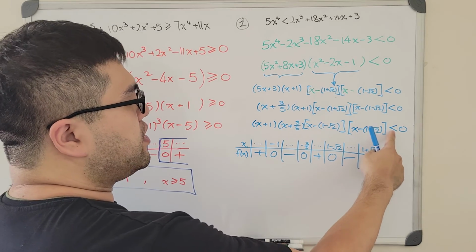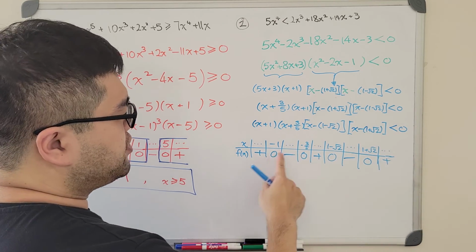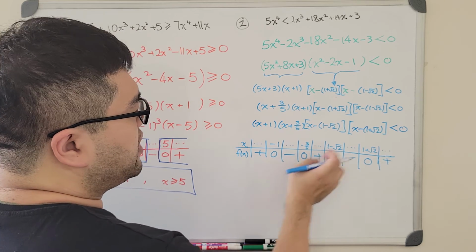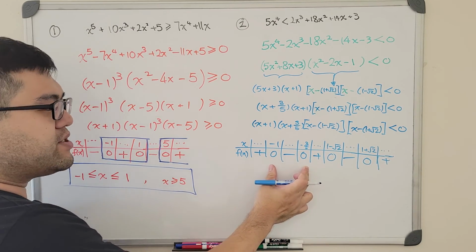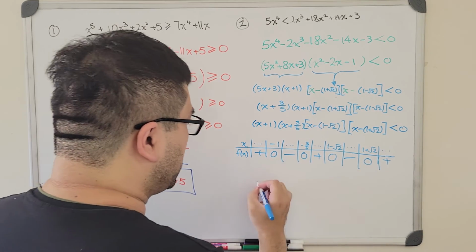Since we want the expression to be strictly less than 0, first of all, we cannot include any endpoints. Then, as we want the y value to be less than 0, we start with positive. We will take everything in between.